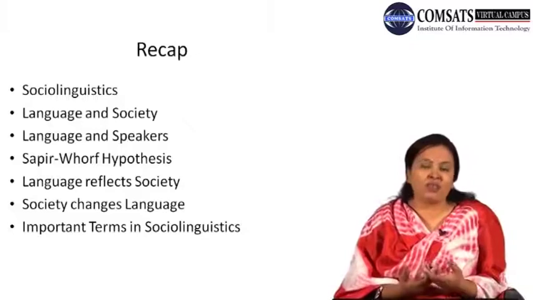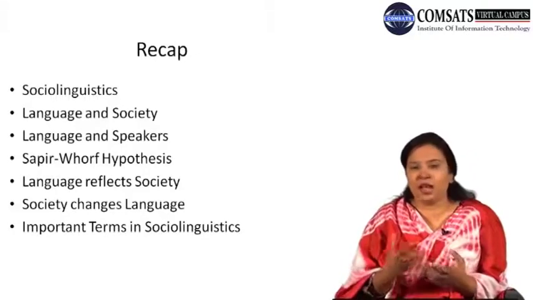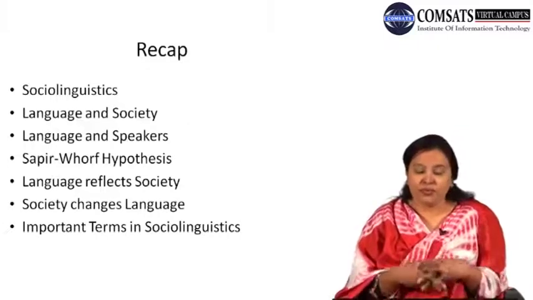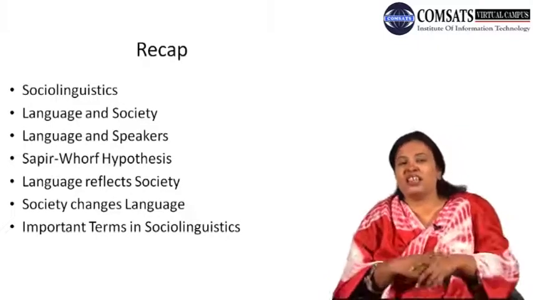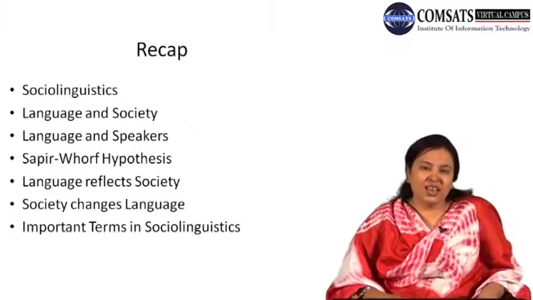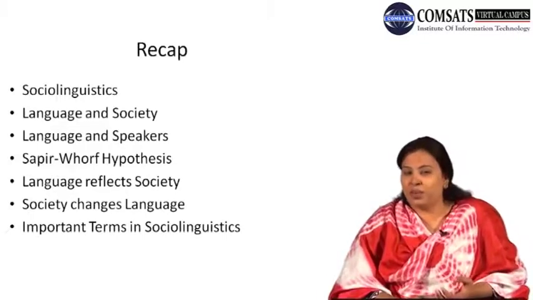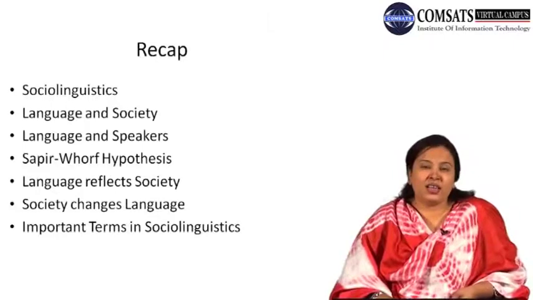Because the language reflects a society, if some changes happen in that society, they are also reflected with the help of language. And then finally we talked about some important terms used in sociolinguistics, like speech community, and then language varieties.